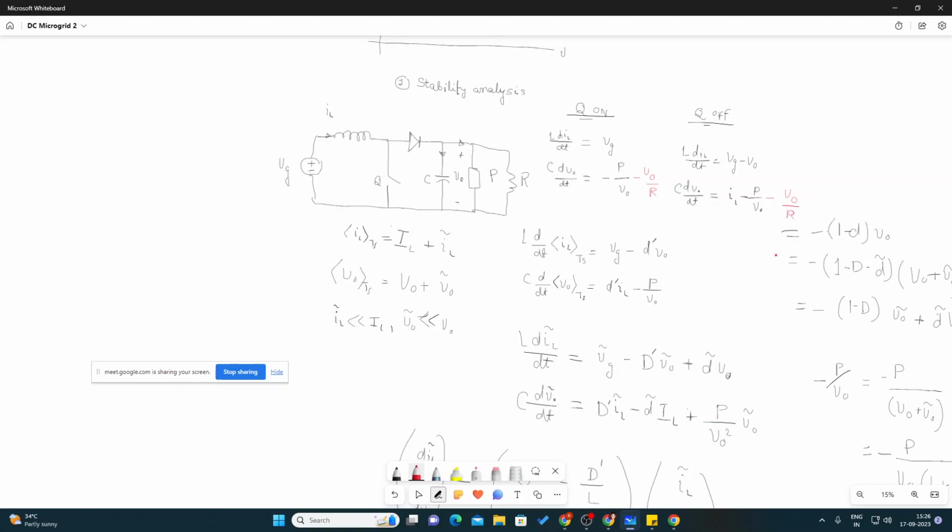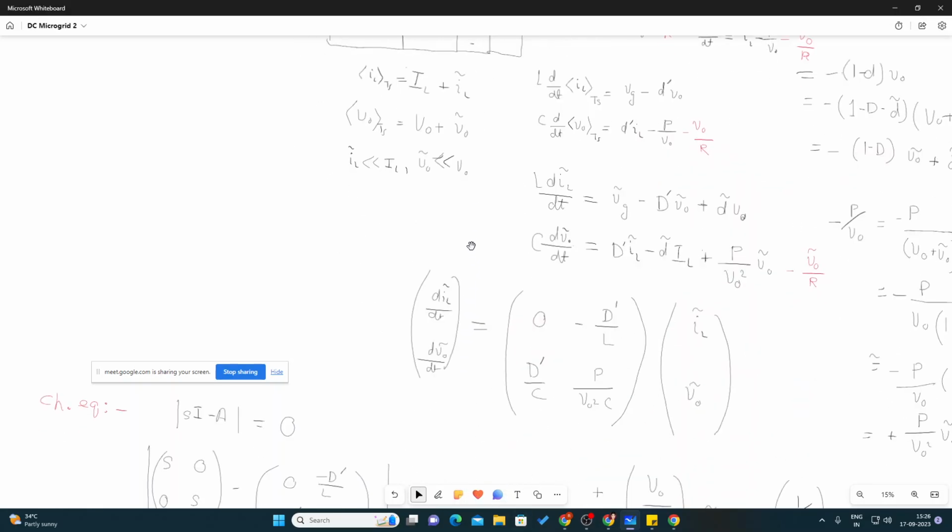So here will be V naught by R. Now here we will have a minus V naught tilde by R. Then how does the state matrix change?